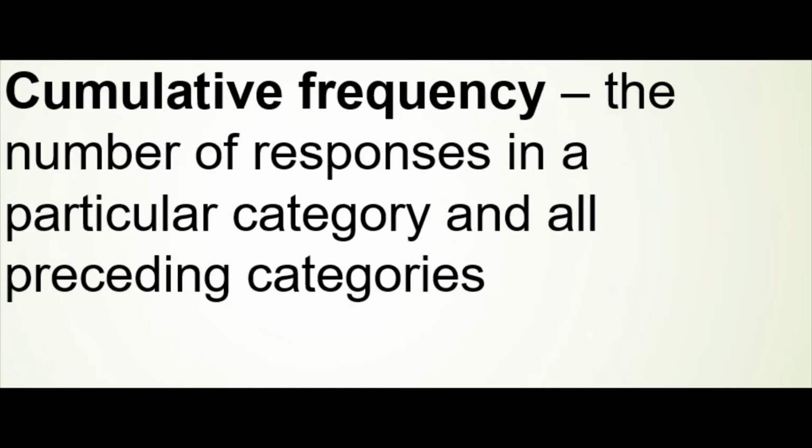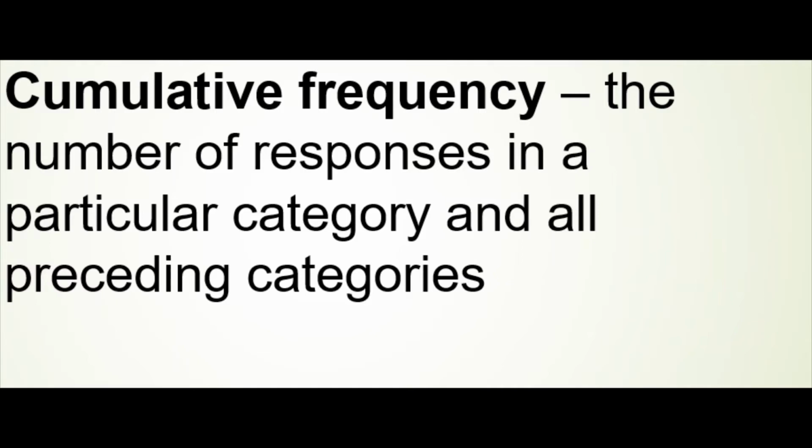And then we have cumulative frequency. So cumulative frequency is the number of responses in a particular category and all preceding categories. So for example, if 30 of my students have an A and 50 have a B and 40 have a C, then we can add up all of those as we go.